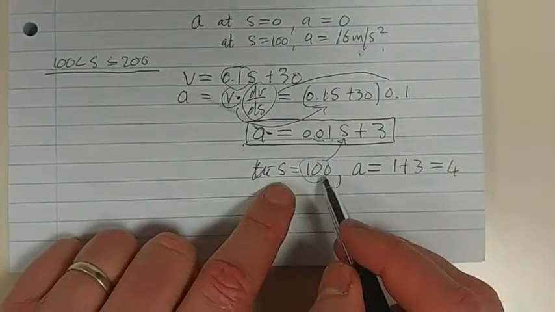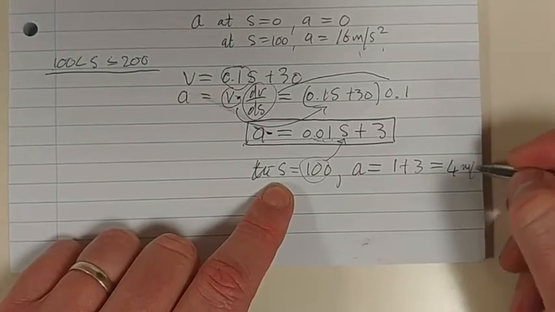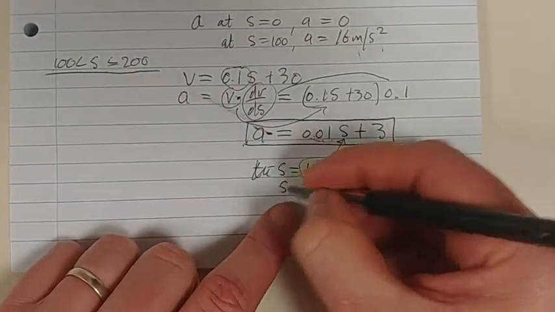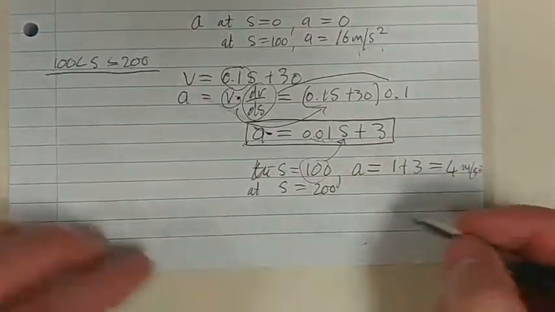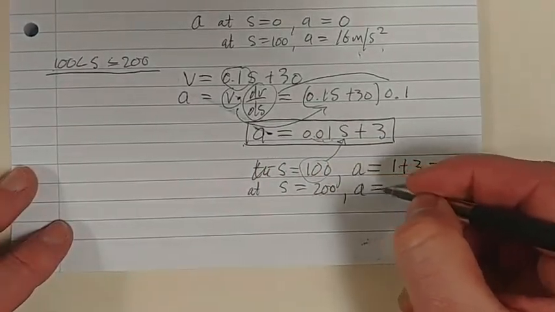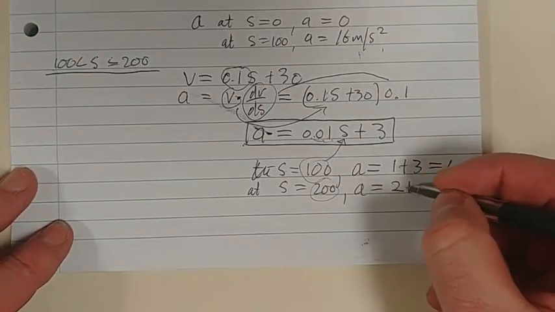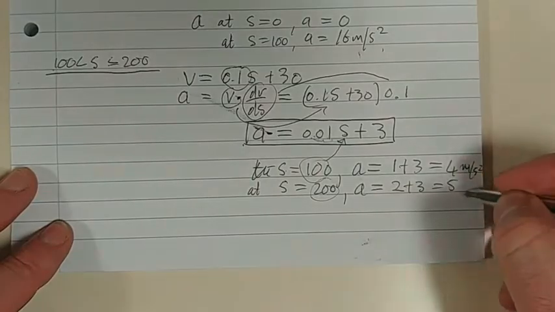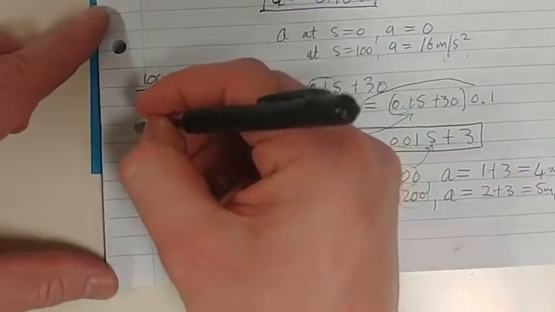So at s equals 100, my acceleration is 4. At s equals 200, if you put that into there, will give me 2 plus 3 is 5. Okay? So now we can take this information.